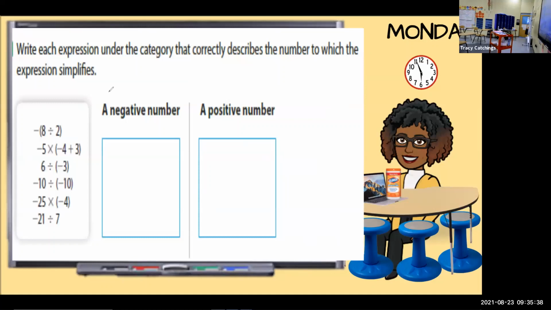All right, I'm gonna give you about a minute. We want to determine if these expressions will give us a negative number or a positive number. Give you about a minute.